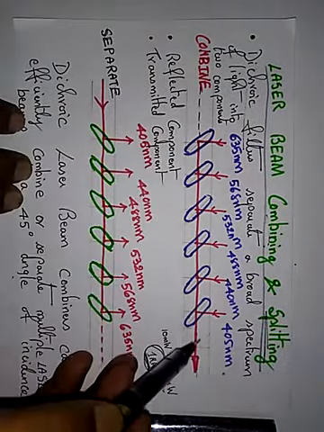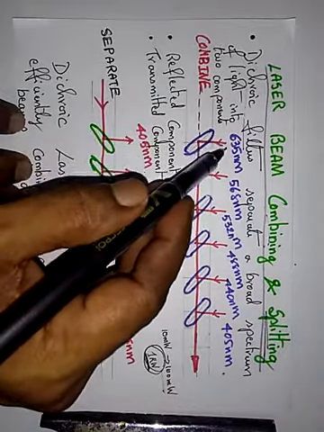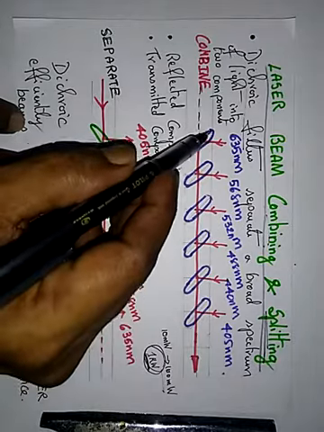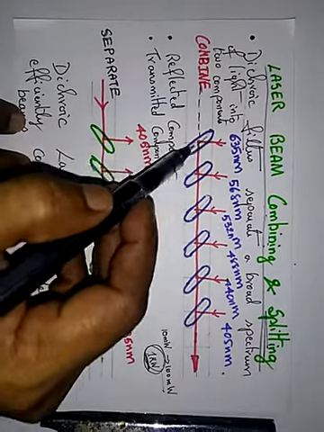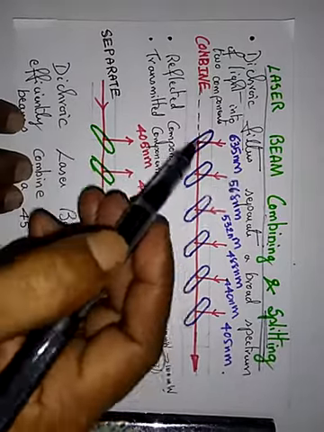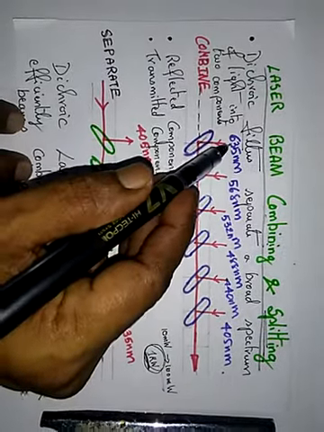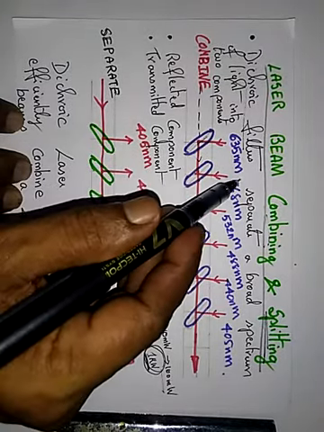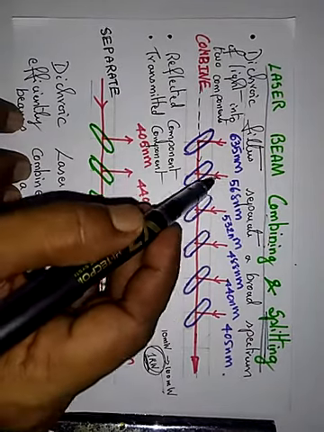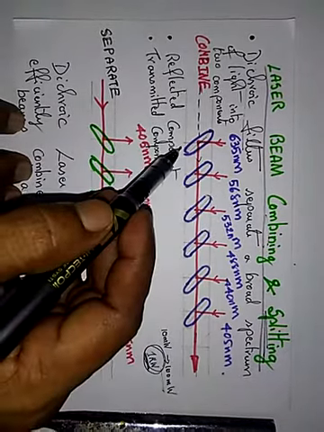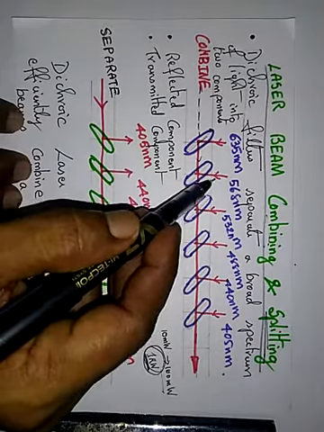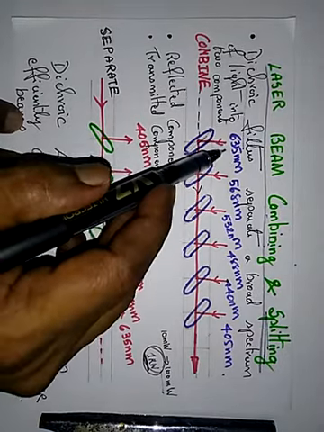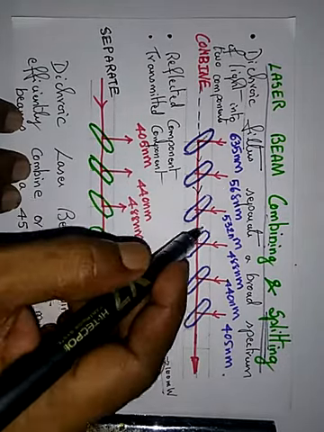If you look at the setup of a dichroic filter, here we are sending in 635 nanometer. This is at 45 degree, so this angle is 45 degree. This is a dichroic mirror or dichroic filter. You send in 635 nanometer, it goes here. Then you send in 568 nanometer, just for example, I have chosen these wavelengths, it can be anything. 568 nanometer gets combined with 635, so at this point you will see 635 nanometer plus 568 nanometer.